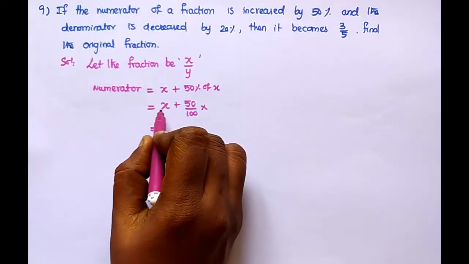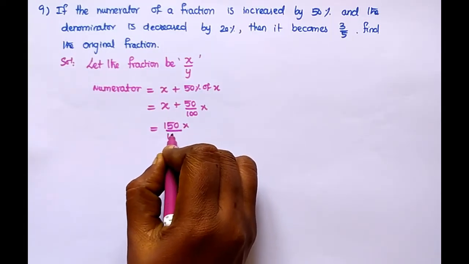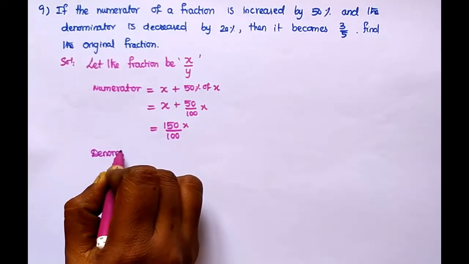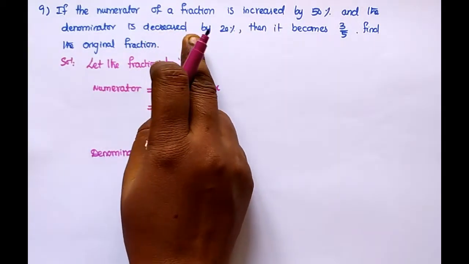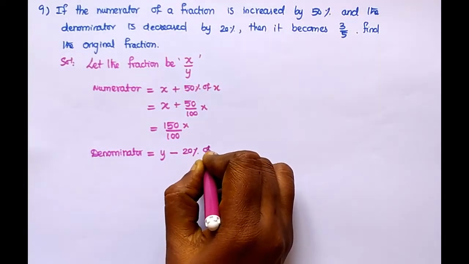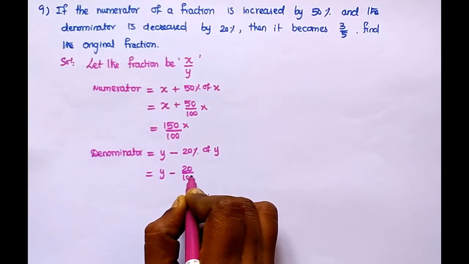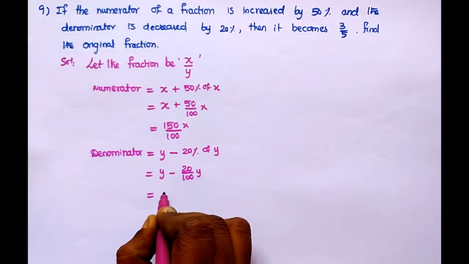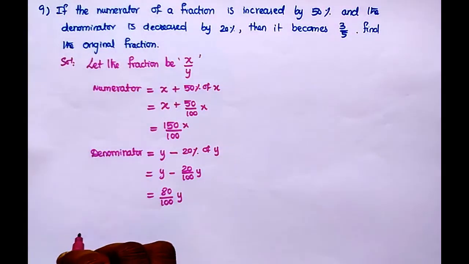So how much? 100 into x, 100 plus 50 x, 150 x by 100. And then denominator is y. It is decreased, so minus 20% of y. So y minus 20 by 100 into y. So 100 into y, 100 minus 20 y means 80 by 100 y. Now the fraction.